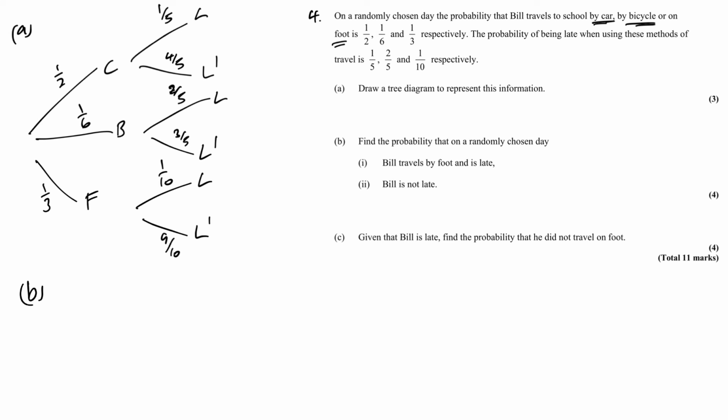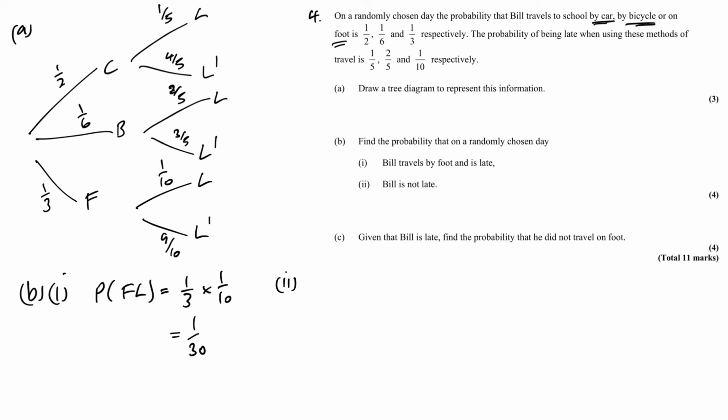Now, part B is find the probability that Bill travels by foot and is late. So foot and late, we've got 1/3 times 1/10, which is 1/30.